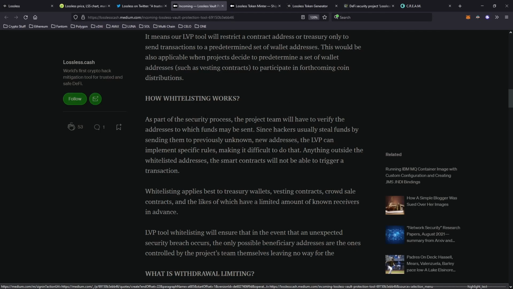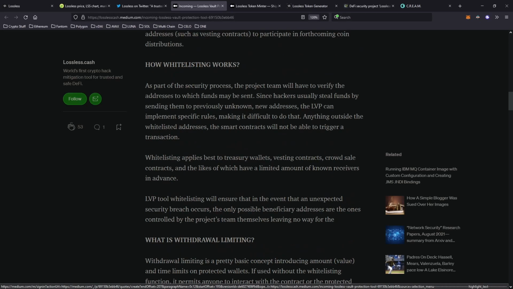As part of the security process, the contract creator will have to verify the addresses to where tokens may go. As they write, since hackers usually steal funds by sending them to a previously unknown or new address, the Lossless vault protection can implement specific rules, making it difficult or basically impossible. Anything outside a whitelisted address, unless you're the owner of the contract, nothing is really going to happen.